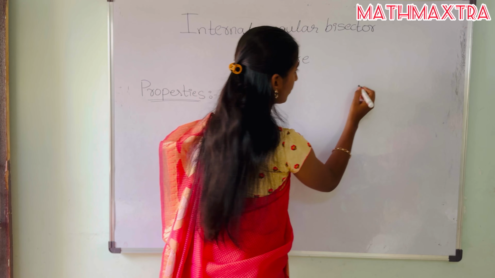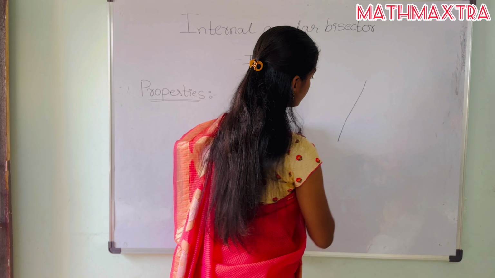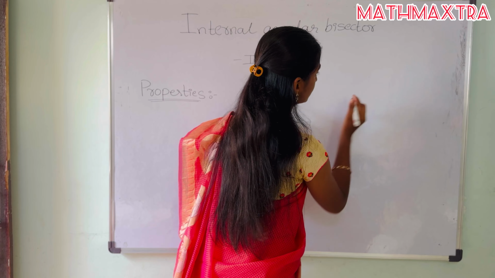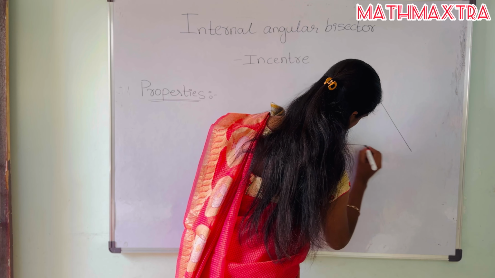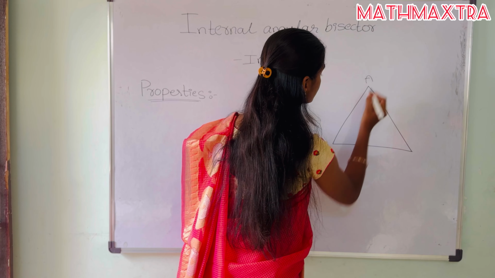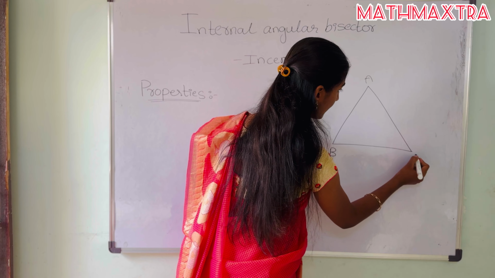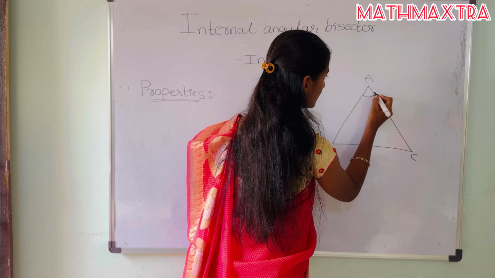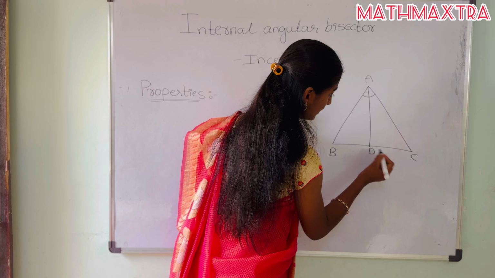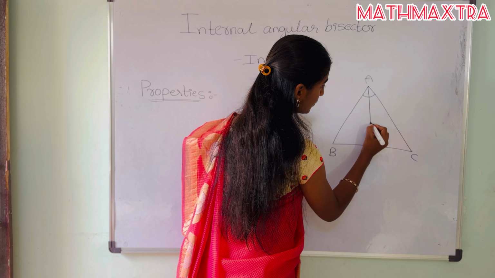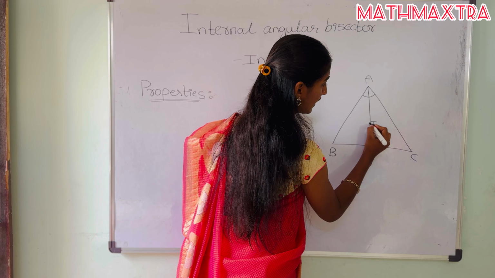So our next property is, this is a triangle ABC. So this is an internal angular bisector. Okay. So AD is an internal angular bisector. Suppose this is the incenter I. Okay.